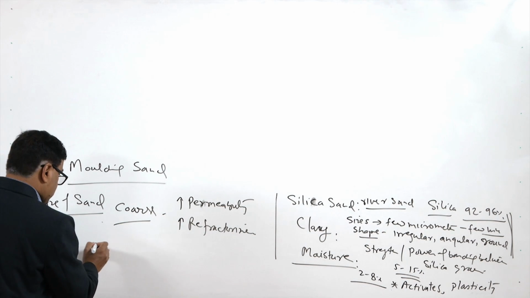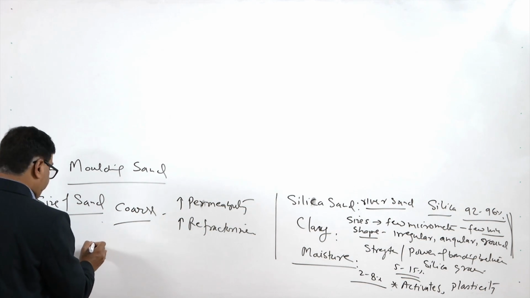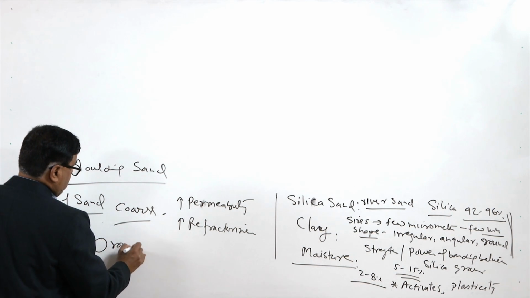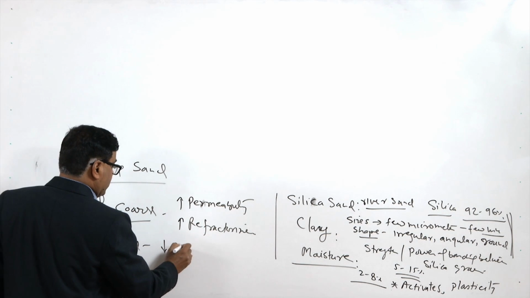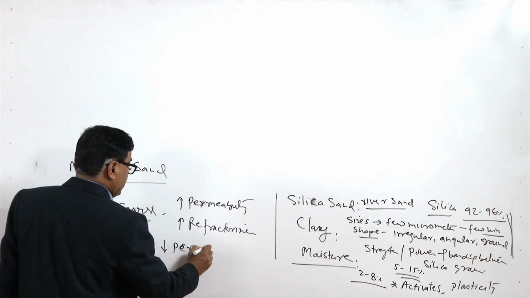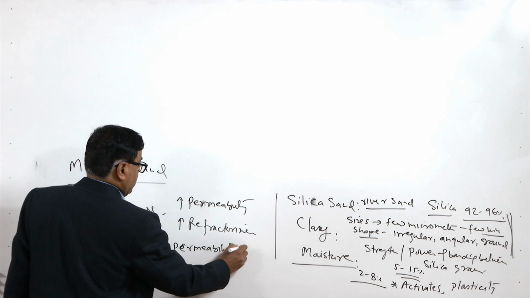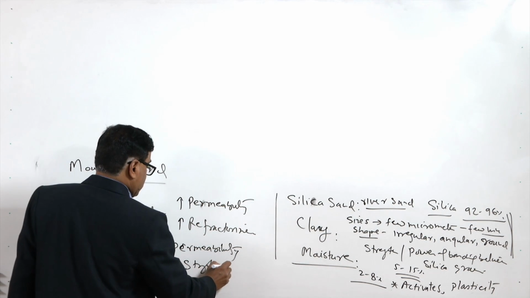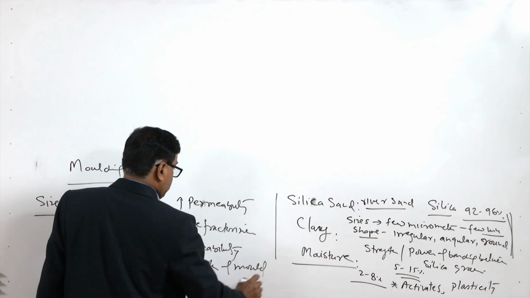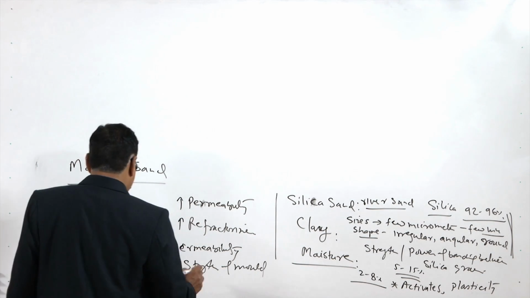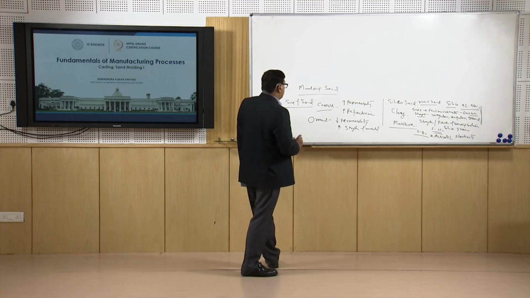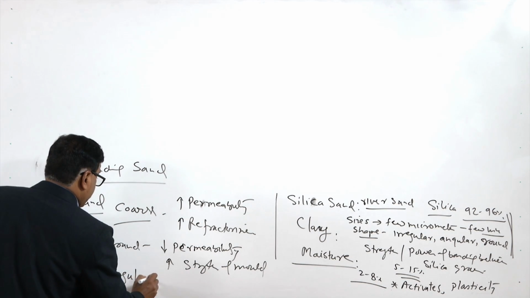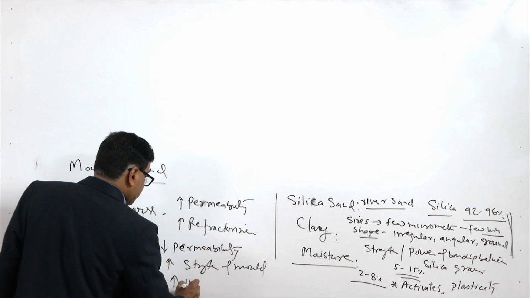Similarly, angular or round particles reduce permeability but increase the strength of the mold. But irregular shape particles result in increased permeability.